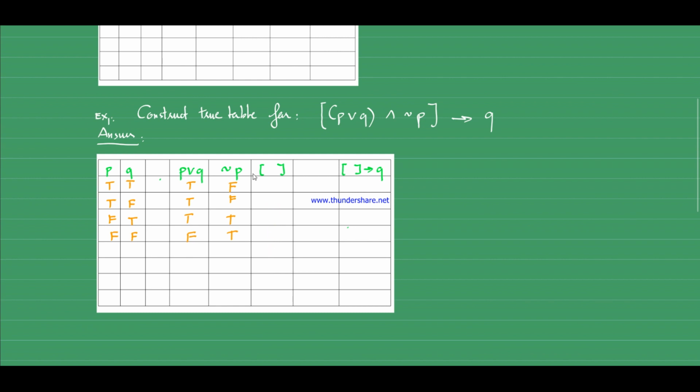So 2 and 4 will be 4. 2 and 4 will be 4. 2 and 2 will be 2. 4 and 2 will be 4. So 4, 4, 2, 4. Yeah, it makes sense because this one and negating P. Oh, not or, and. This or this, and this. So he failed to deliver the laptop right here. He failed to deliver both. He failed to deliver the TV.